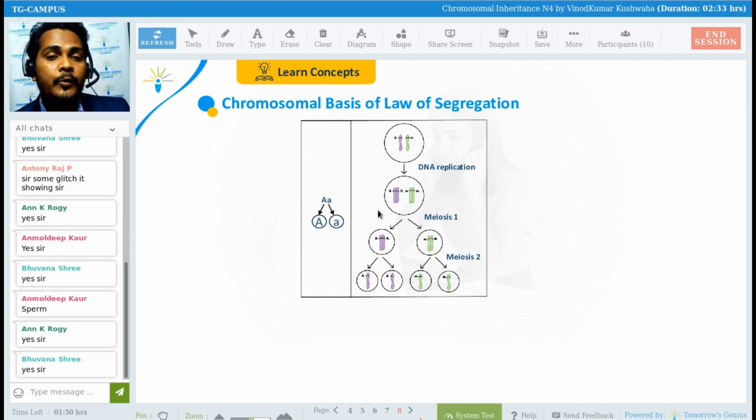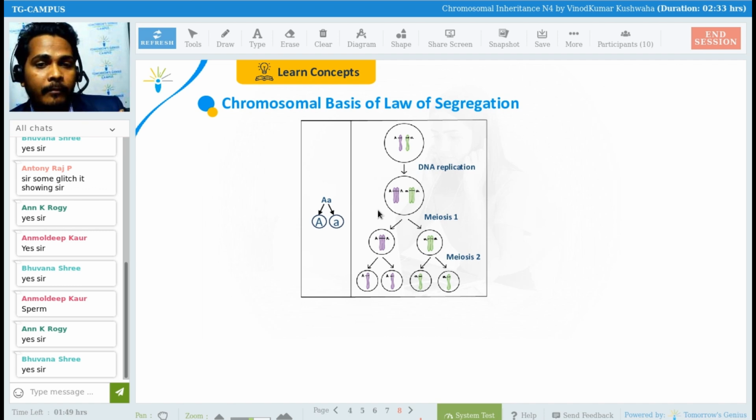Now here, chromosomal basis of law of segregation. Now, this is something which is important. In this particular diagram, you can see what Mendel explained.